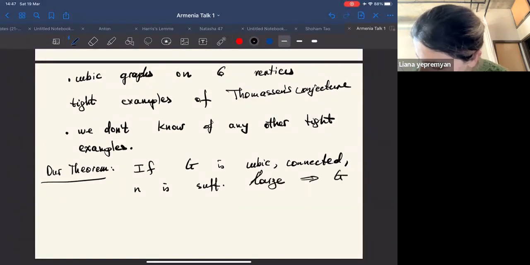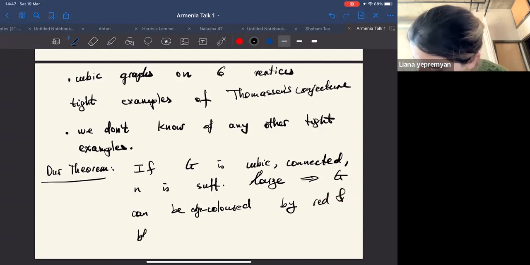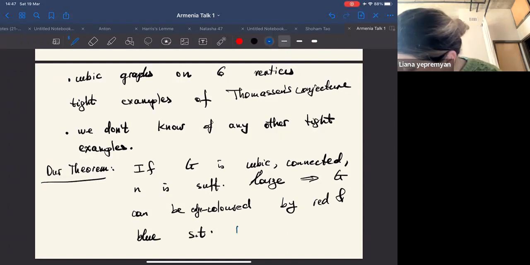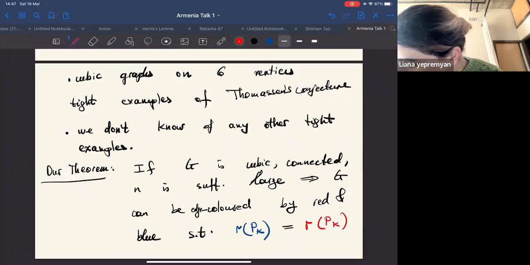then G can be edge colored by red and blue, such that the following holds. If I look at the number of paths of length k in blue, that's going to be equal to the number of paths of the same length in red. Okay, I didn't do a great job here, so this should be B. For every k.